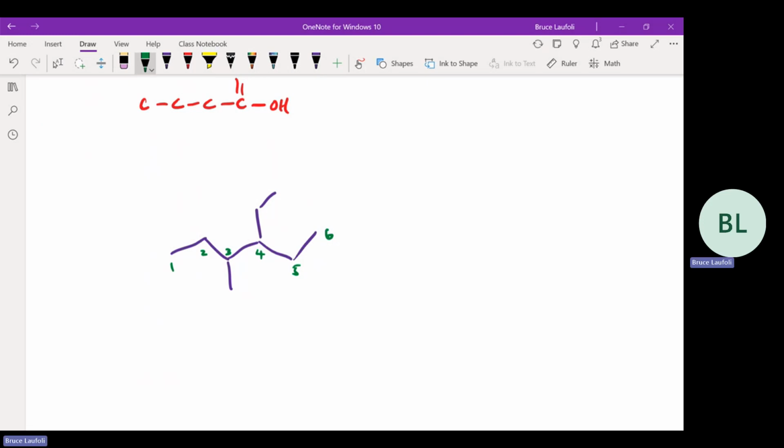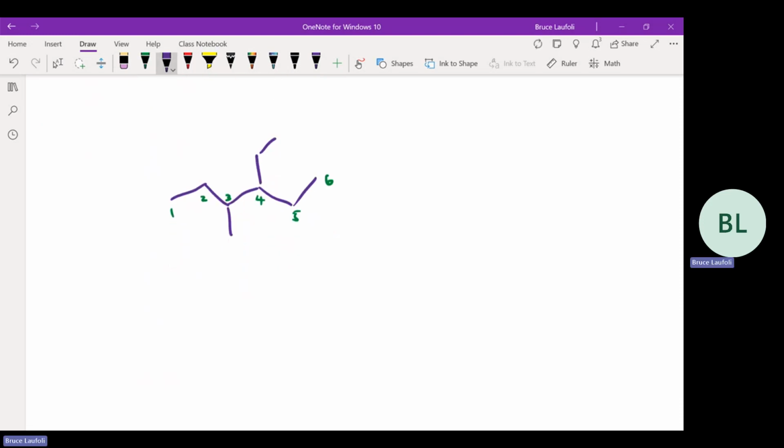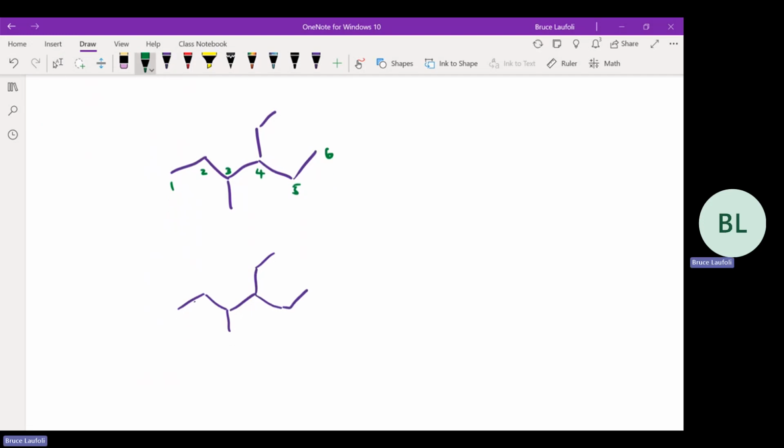Yeah, I believe that's right. And then we can also see that we can label it from left to right. So in the second scenario, we have 1, 2, 3, 4, 5, 6.